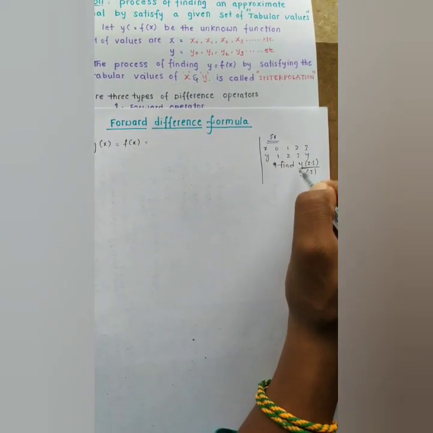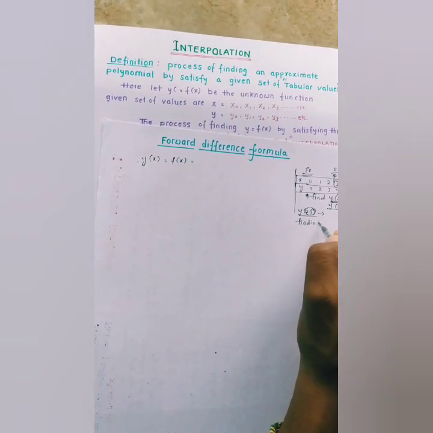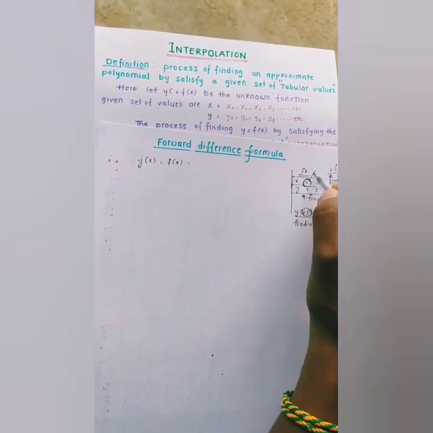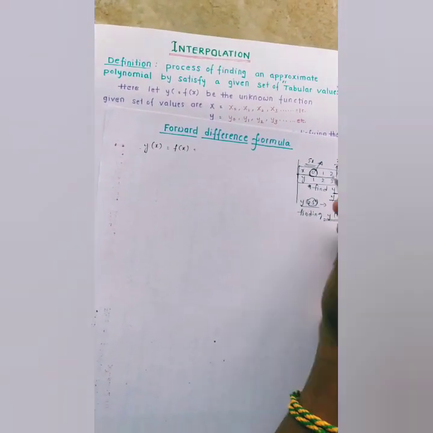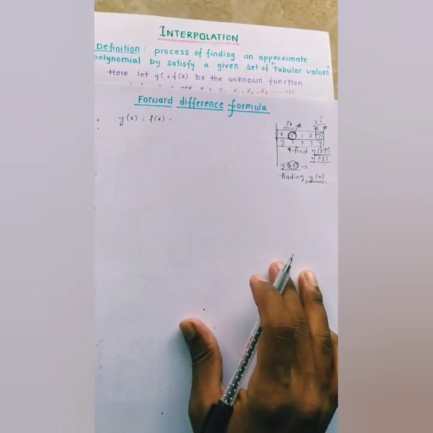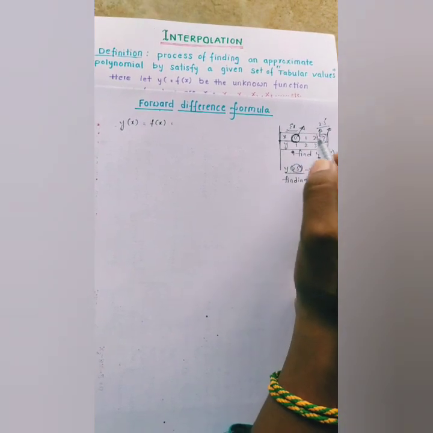For finding y of 0, that is, at the 0 value, we can find the approximate polynomial. Here 0 is the starting term of the given tabular values. In this condition, we can use the forward difference table for finding the approximate polynomial.